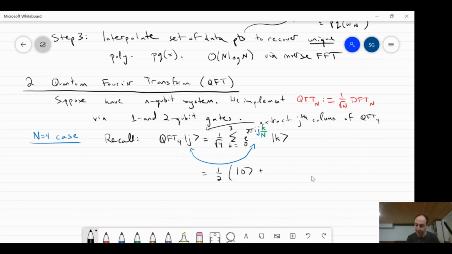Plus, when we plug in 1, we'll get e to the 2 pi i j over n, 1, plus e to the 2 pi i j 2 over n, plus e to the 2 pi i j 3 over n. Sorry, I shouldn't say n, of course, because I know what n is. It's over 4. This is also over 4. And this is also over 4.